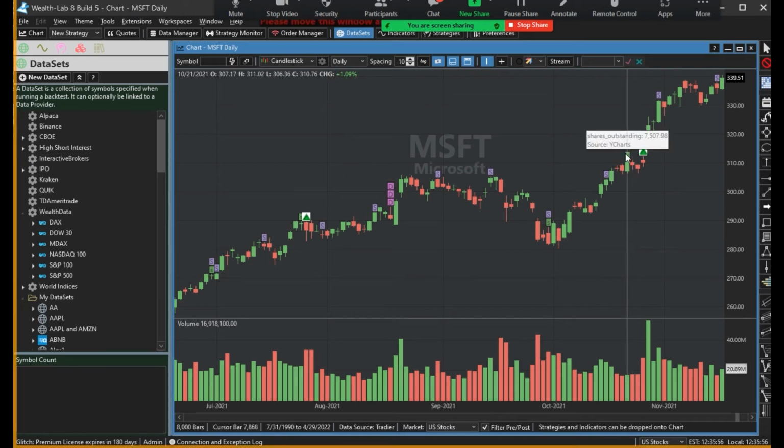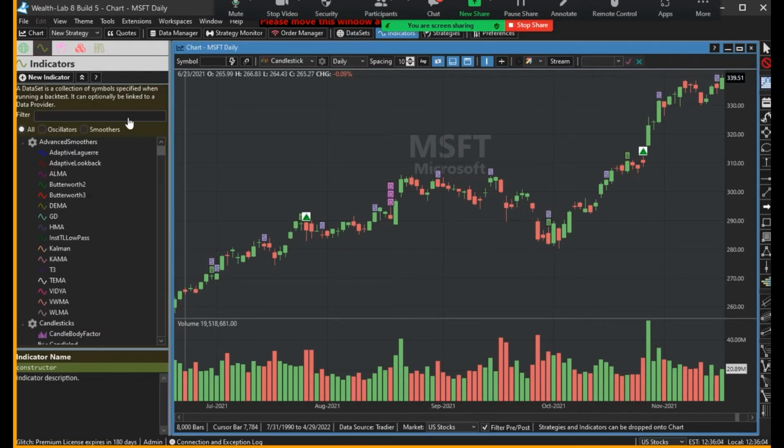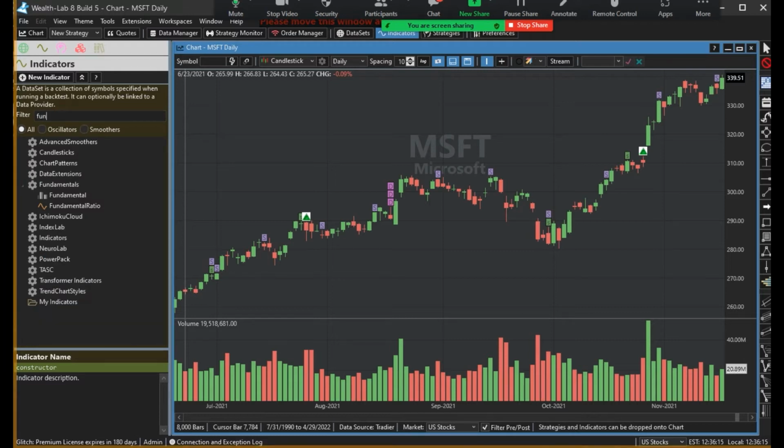So here we have shares outstanding from YCharts, and we have short interest. So let's see if we can do this. Let's go to our indicators and go to our fundamental indicator. In case you don't know, you can always use this filter to zero in on the indicators you're looking for, so that'll filter now by fund.